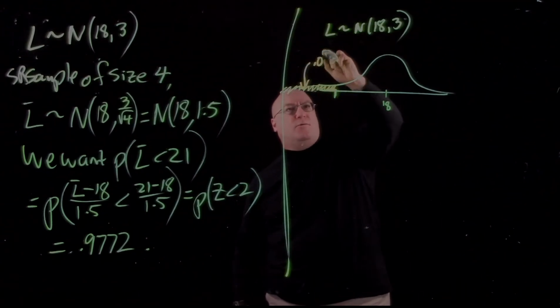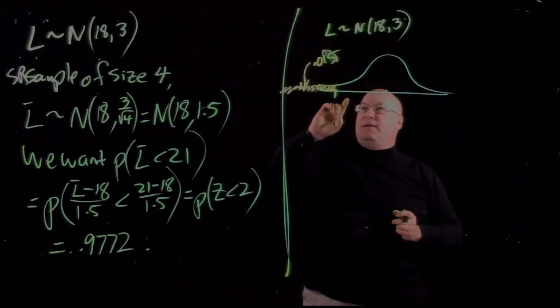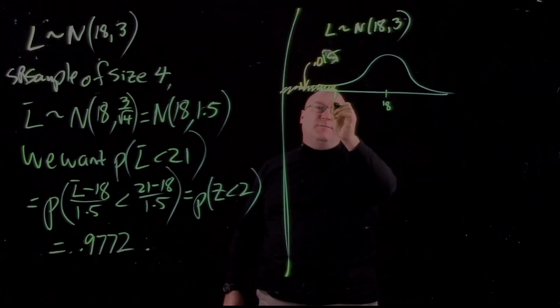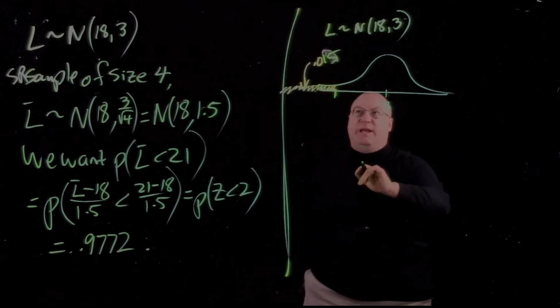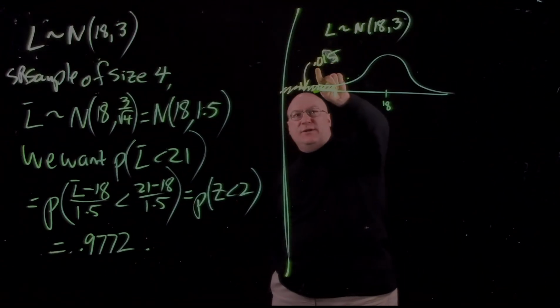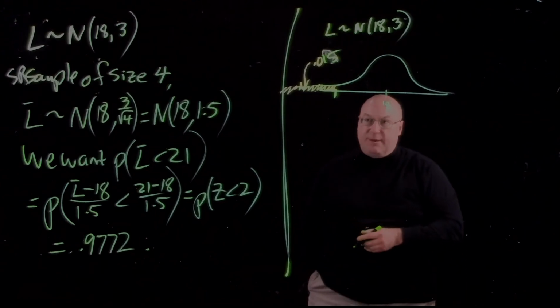Well, let me just go ahead and say it's a cutoff value. I'll just write it in when we get it. But if a mouse lives this long or less, they're in the bottom 1.5%.